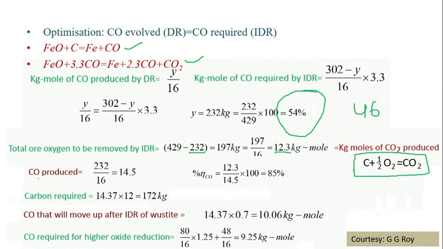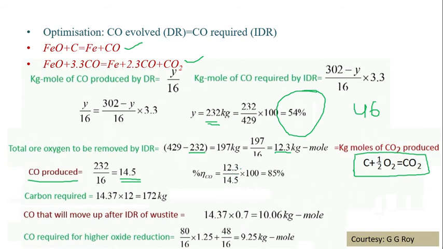The CO produced by the direct reduction of wustite will be from 232 kg. 232 divided by 16 gives 14.5, and we have 12.3 CO2 produced.